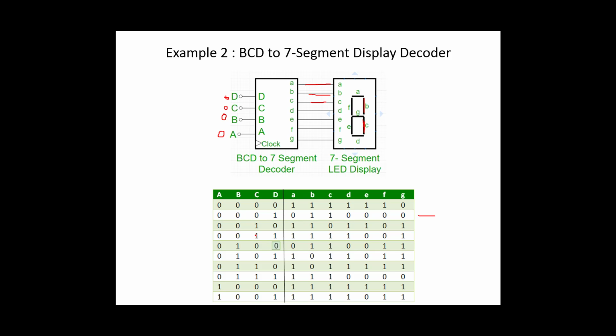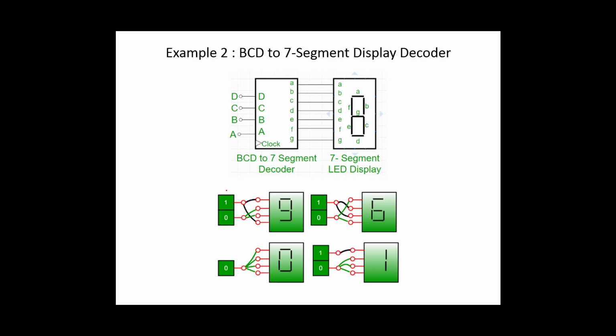And using this truth table and K-map, we can come up with 7 boolean expressions, one each for A, B, C, D, E, F, and G, and each boolean expression is a boolean function of 4 variables. So let's look at them one by one.